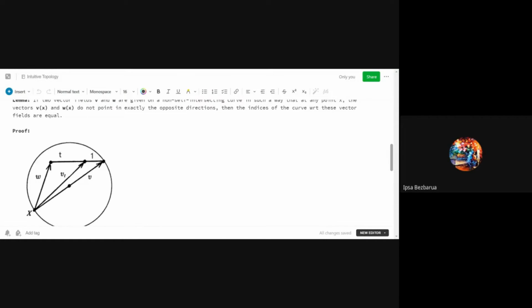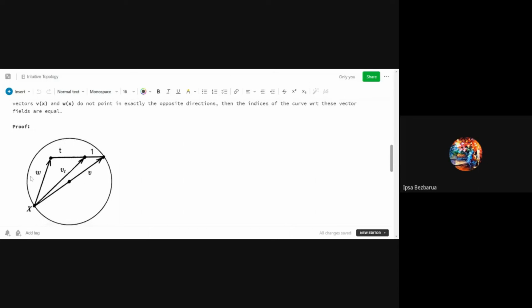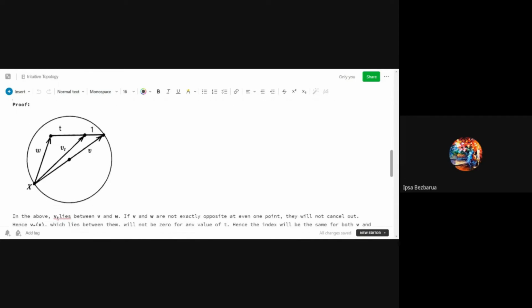My claim is that the indices of my curve, here a circle, with respect to both v and w are equal. Basically, they perform the same number of positive minus negative revolutions while moving over the circle.